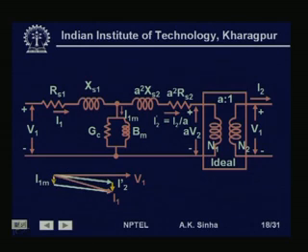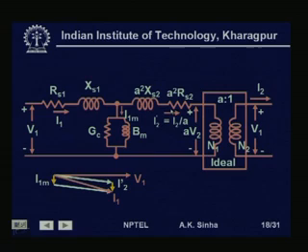So, we are representing this current like this, and since this current I1 is going to depend on the load current, the loads will have a power factor very nearly equal to 0.85, 0.9 or so.